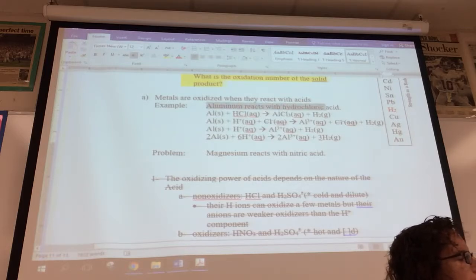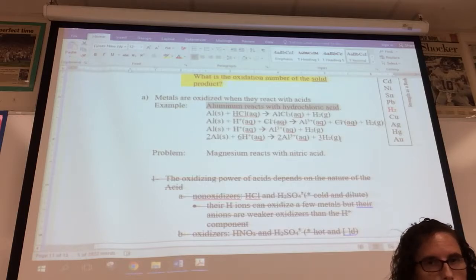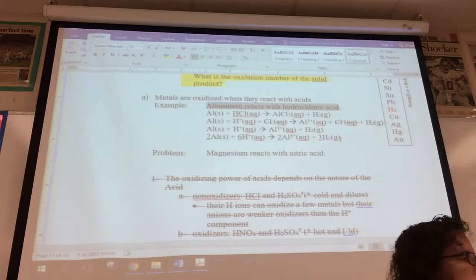It says aluminum reacts with hydrochloric acid. Now hydrochloric acid is of course a strong acid, so proton and chloride ion. And you could go back into the old honors method, or you can jump right to the net ionic balanced equation.